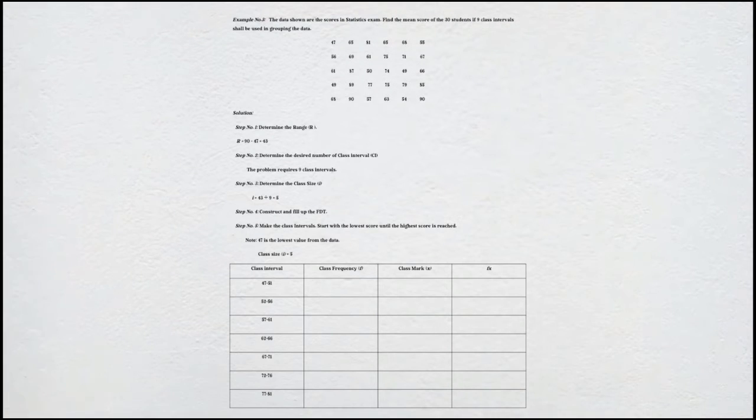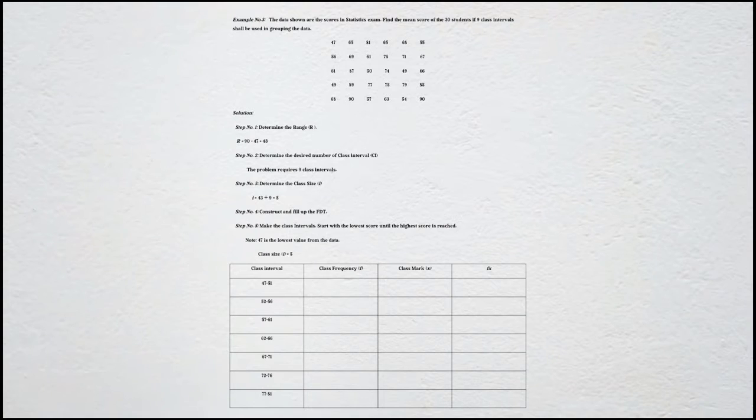And then next, step number 2, determine the desired number of class intervals. It says in the problem that it requires 9 class intervals. So next, step number 3, determine the class size.